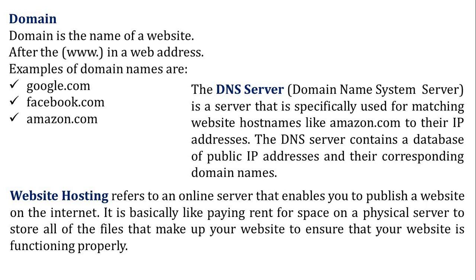The DNS server is known as domain name system server. That is a server specially used for matching web host names like amazon.com to their IP address. The DNS server contains a database of public IP addresses and their corresponding domain names.